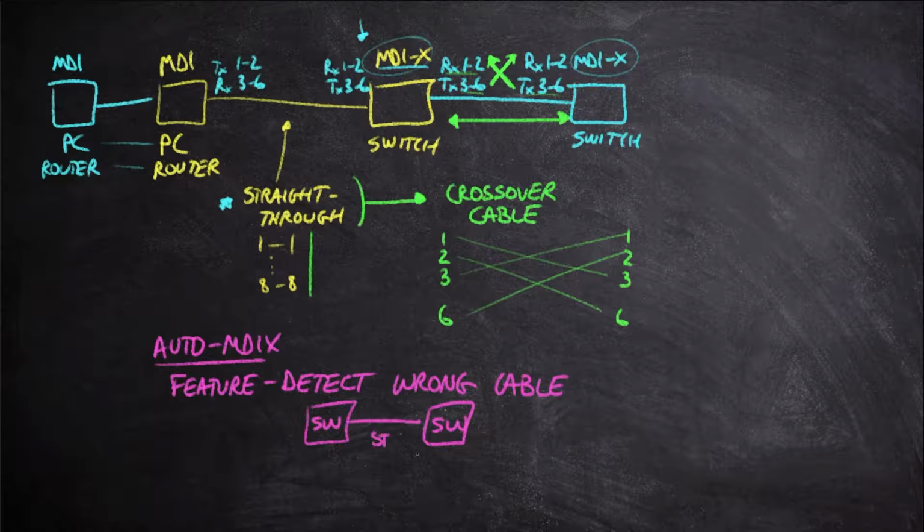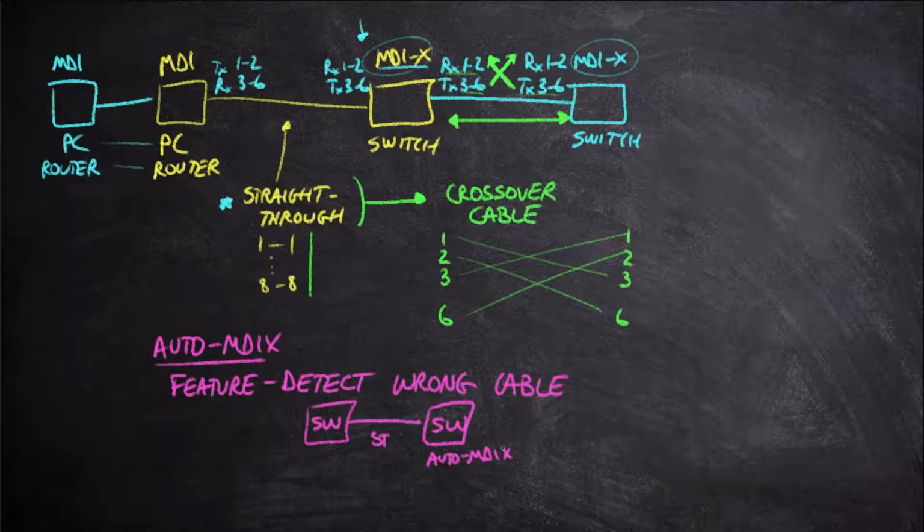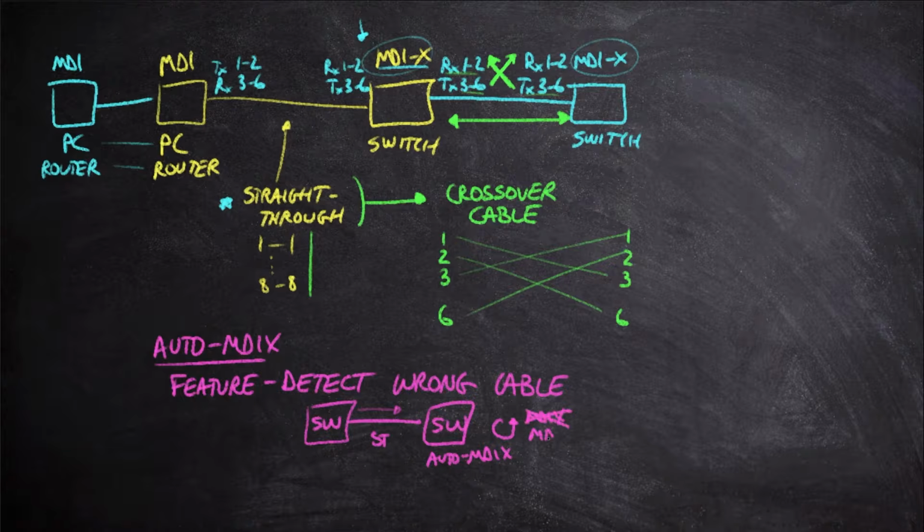If one of these switches is running Auto-MDIX, let's say the switch on the right, it's going to realize that, hey, you're transmitting on these pairs that I'm trying to transmit on, so I'm going to flip around. And instead of following MDI-X rules like I'm supposed to, I'm going to switch over and follow MDI rules on this interface. And that is thanks to this feature called Auto-MDIX.